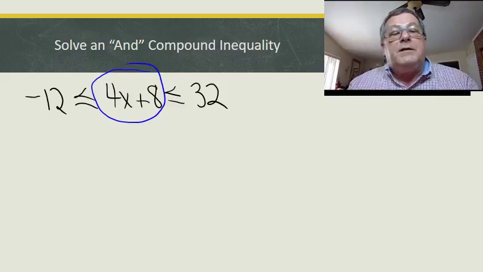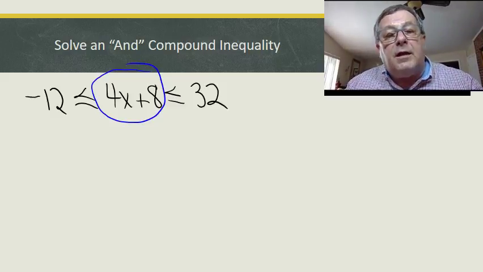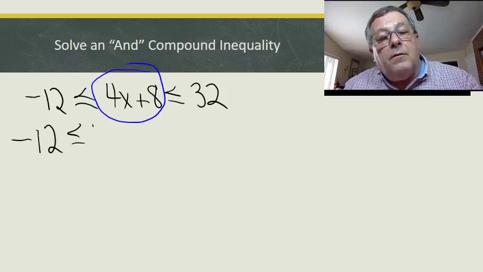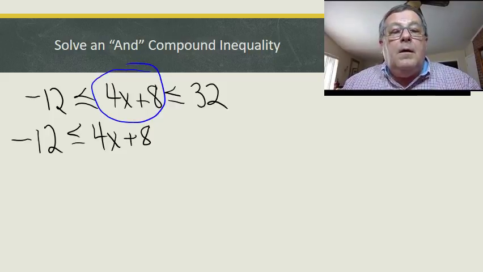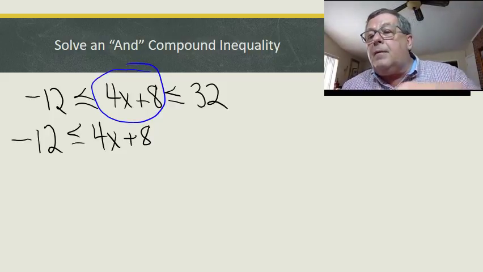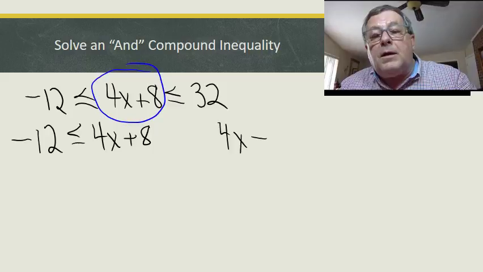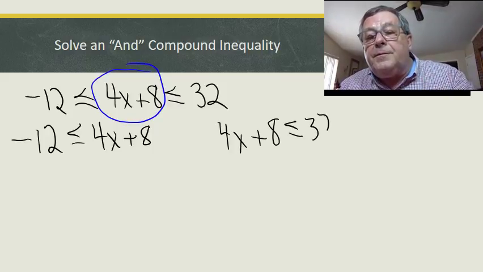So if I'm going to solve these things separately, I'm going to set it up like this. I'm going to set up negative 12 is less than or equal to 4x plus 8. And I'm then going to turn around and set up a second scenario where I've got 4x plus 8 is less than or equal to 32.